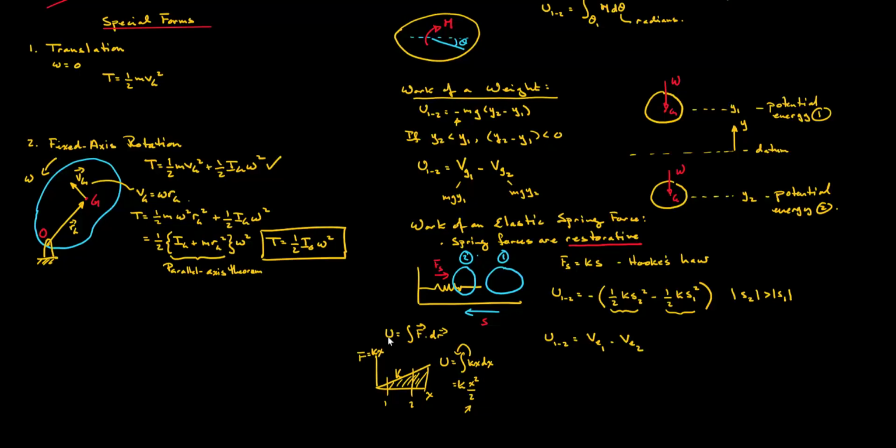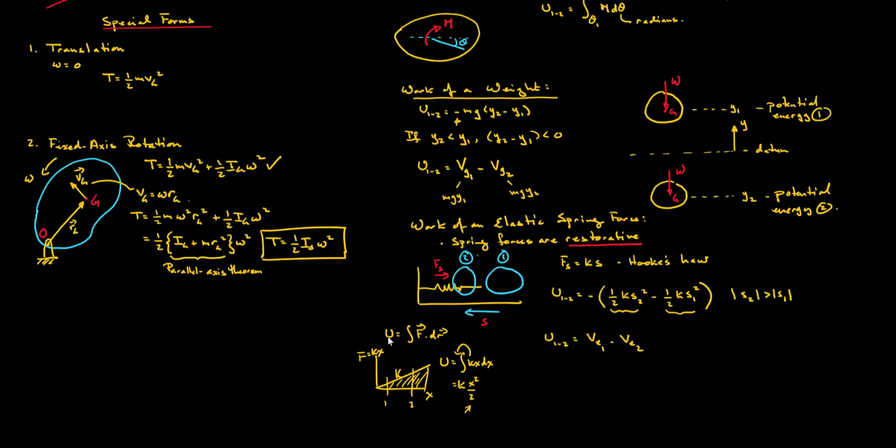We'll wrap up here, and we're just going to recap what we've done. After having looked at the kinetic energy forms, we decided to look at special forms of kinetic energy for different types of planar motion. We looked at translation, and we saw that for translation there is no angular velocity, so we only have the translational component of kinetic energy, which is 1/2 m vg squared.